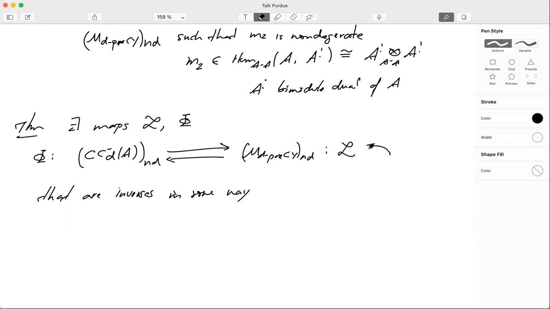And this thing arises as some sort of non-commutative Legendre transform. And this thing is some sort of inverse of it, some quasi-inverse that you can pick.